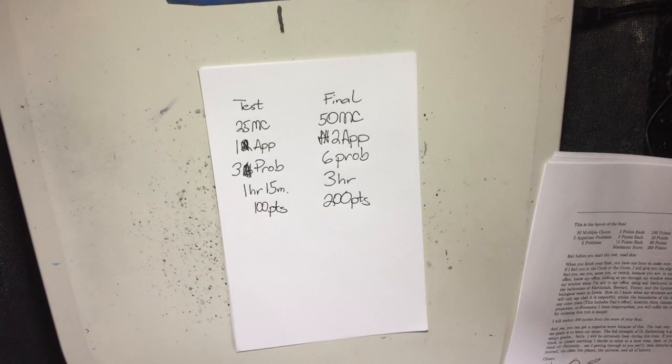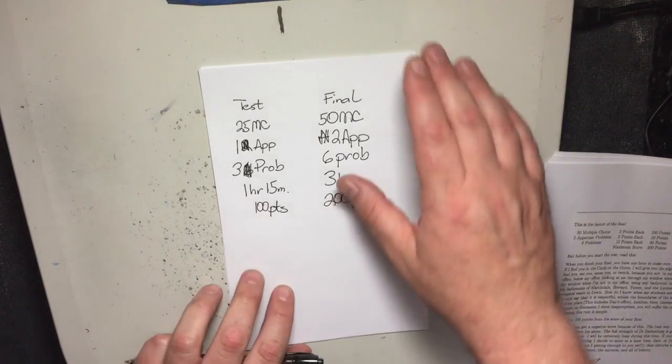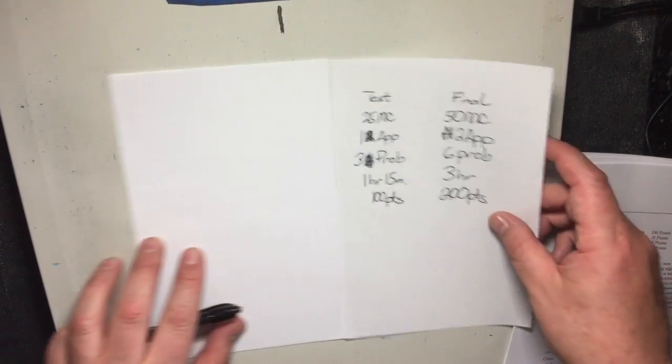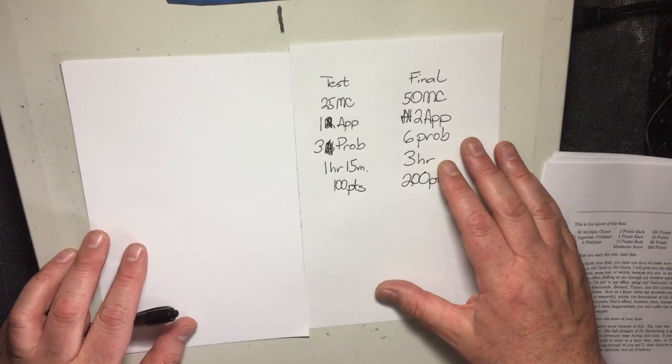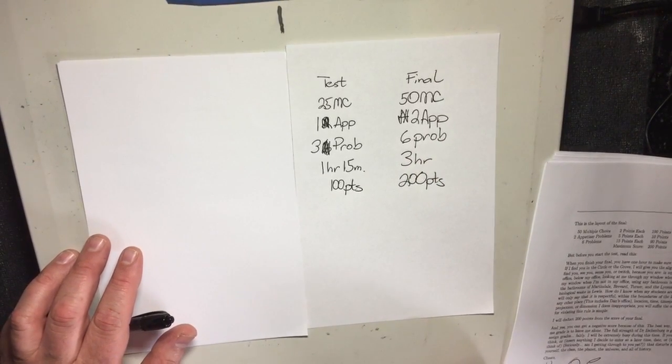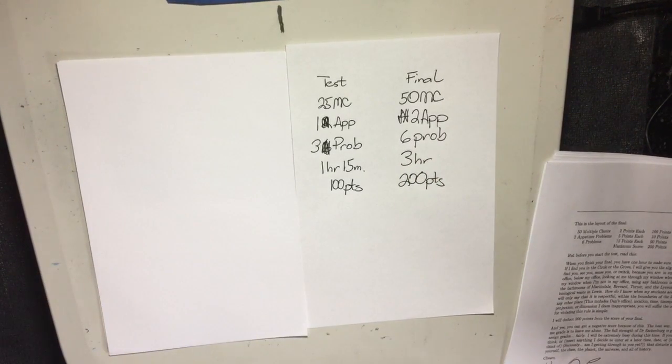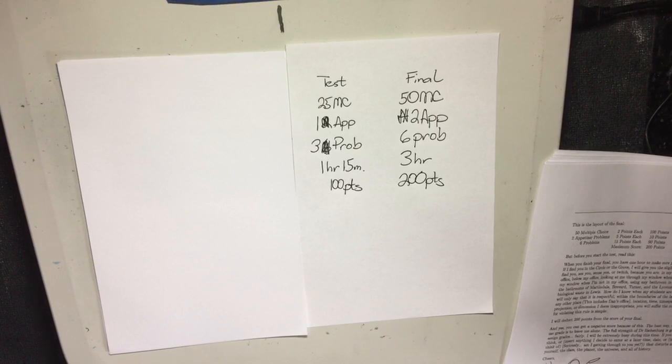The final is just some conventional problems. I don't have the statistics for the test. I want to see that multiple choice so that I can either make a correction or something. But there's going to be a curve.